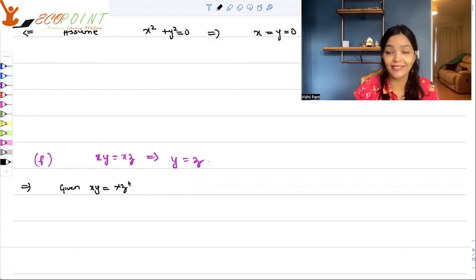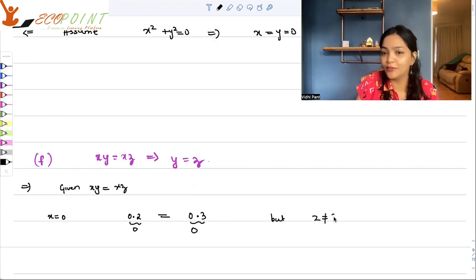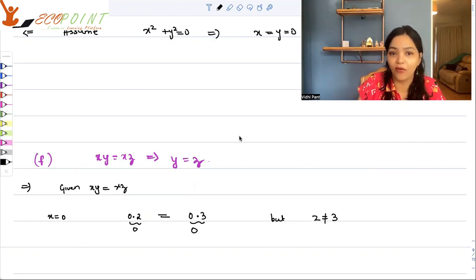But x, y, z can be any numbers, right? What if x is equal to 0? What if we have 0 multiplied by 2 and 0 multiplied by 3? The end result is 0, right? So they are equal, but 2 is not equal to 3. So therefore it does not imply that y has to be equal to z. x is 0, so you have a counterexample here. When x is 0, you will have that problem. Therefore, this way the implication is false. The hypothesis holds true, but we're not getting the same result.